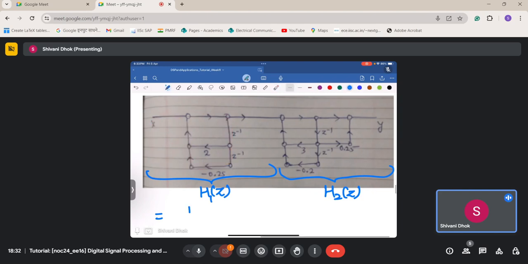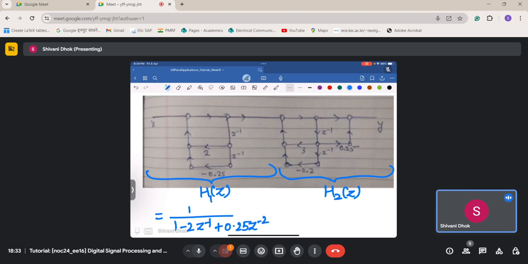Therefore in the numerator it is 1 upon 1, this gain is 1, then z inverse multiplied by the negative of this quantity, so minus 2z inverse, then here is minus 0.25, so it will be z inverse into z inverse, that is z to the power minus 2 multiplied by 0.25, z to the power minus 2.